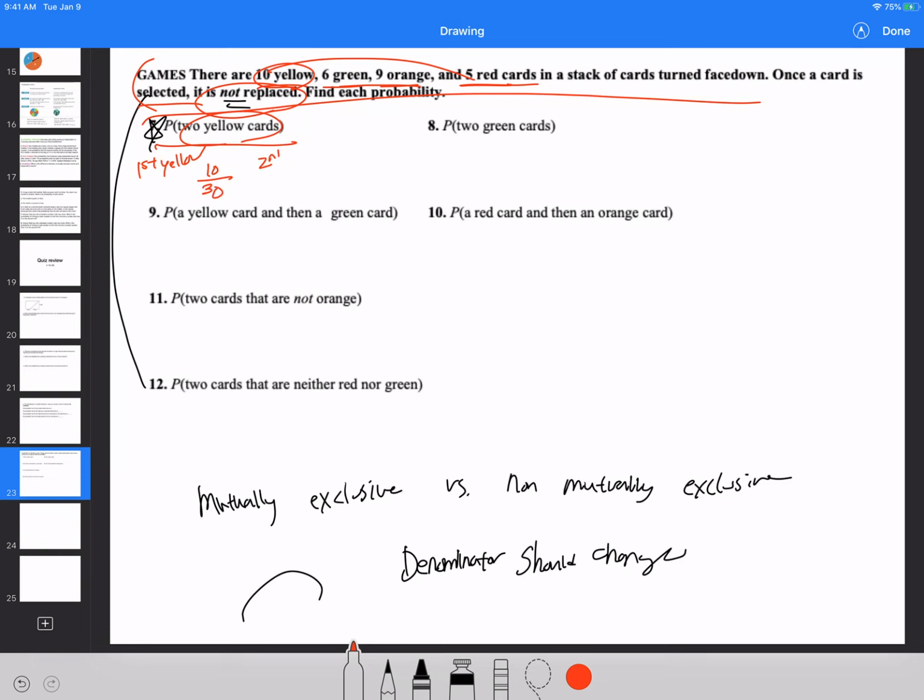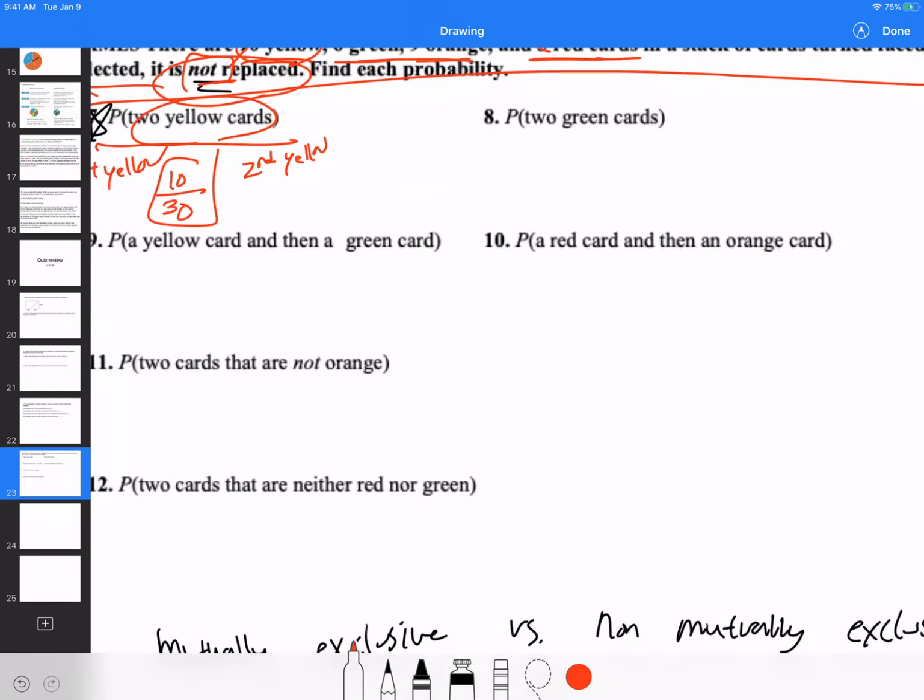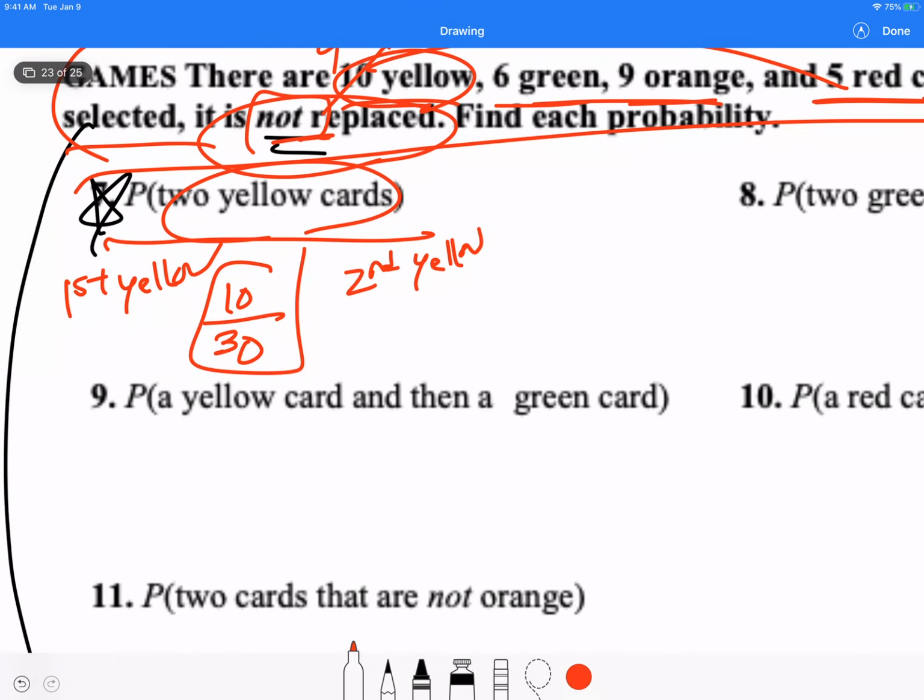But what about the second yellow card? Now think about it. This card, you picked one. So how many yellow cards are in the deck? You should have 9 yellow cards in the deck, and it's not replaced. That's the magic keyword here. It is not replaced. So what that means is on the second trial, I only have 9 selections to choose from, but in the end, my total number of cards in the deck is not 30, it's going to be 29.